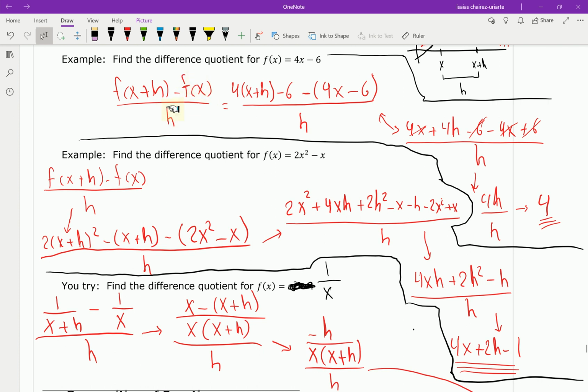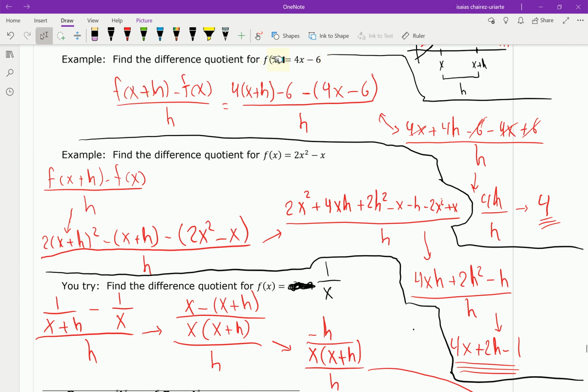The h is just a variable h. F of x is just the function you were already given. So minus my function. The only thing that maybe has some complication is the f of x plus h. What does that mean? Well, f of x plus h means replace all of your x's in your function with x plus h.